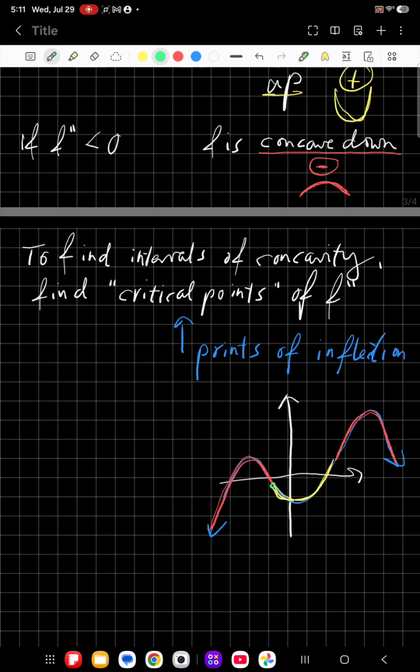We have two of them, 1 and 2, where the graph changes the concavity. It changes from down to up, and then from up to down. Points of inflection.